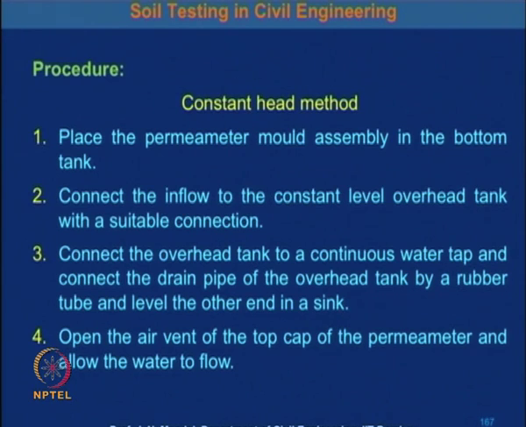Now, connect the overhead tank to a continuous water tap and connect the drain pipe of the overhead tank by a rubber tube and lead the other end to a sink.